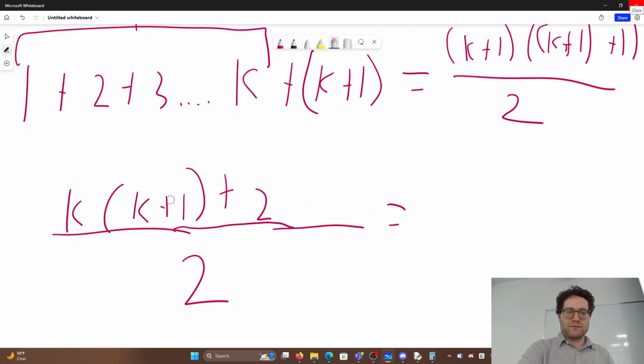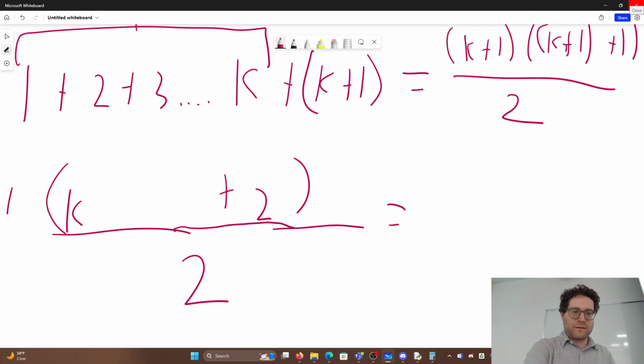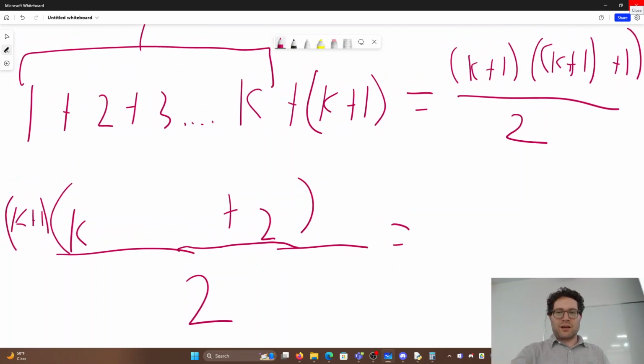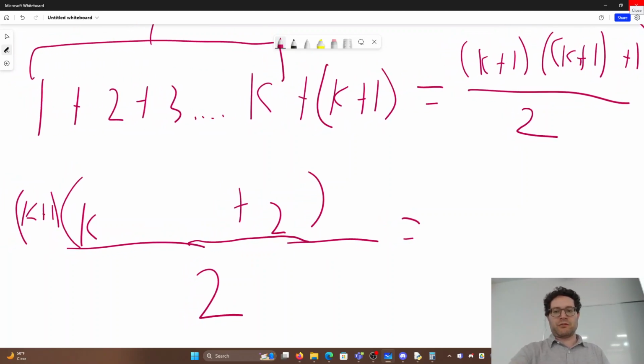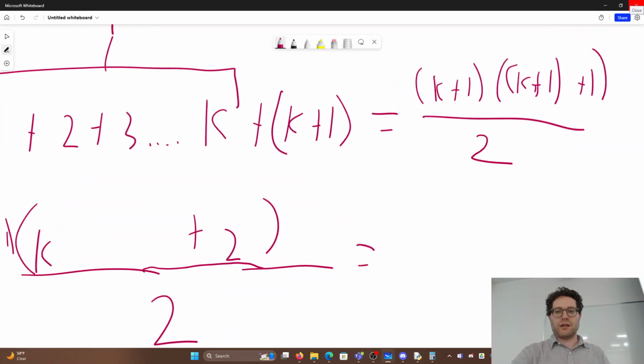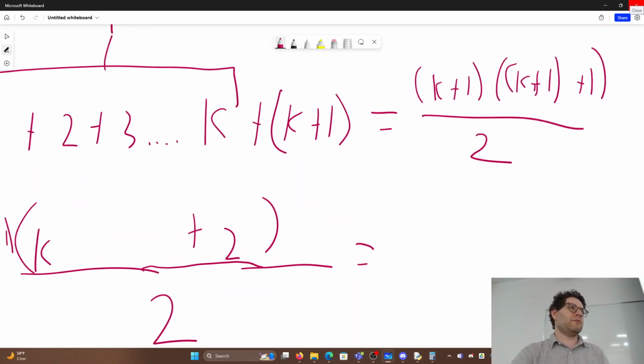So k plus 1, and so that is k plus 1 over here, k plus 1 over here, a 2 over here, a 2 over here, and we've got k plus 1 and k plus 2, and we can simply rewrite that as k plus 1 plus 1, because 2 is equal to 1 plus 1, as we were so proud to tell our mothers in first grade.